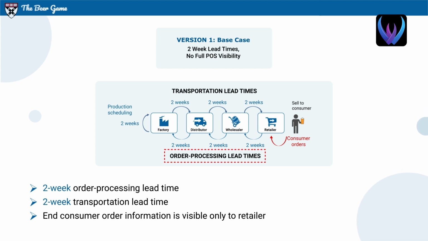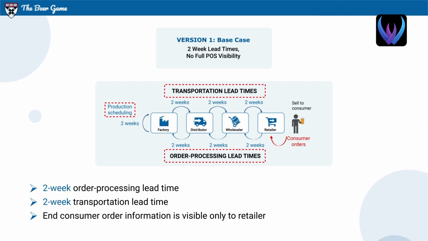Each shipment from one role to the next downstream role incurs a fixed transportation lead time. In version 1, this lead time is 2 weeks, and so, for example, beer shipped from the factory in a given week will arrive 2 weeks later at the distributor. Instead of ordering from a supplier each week, the factory issues a production request for a specified number of kegs to be produced and delivered to the factory warehouse.